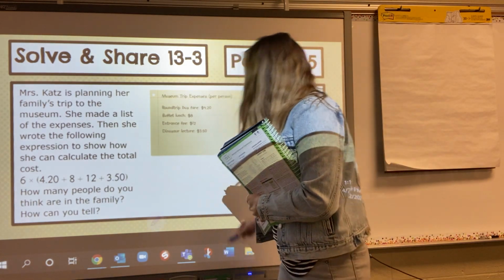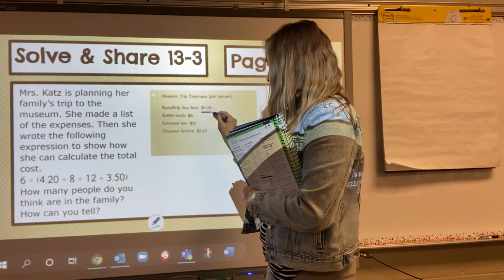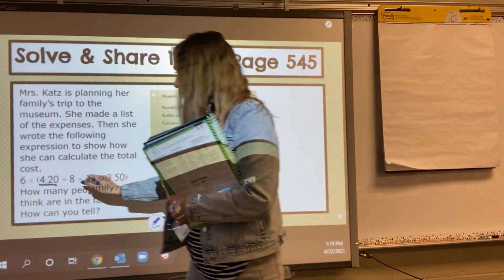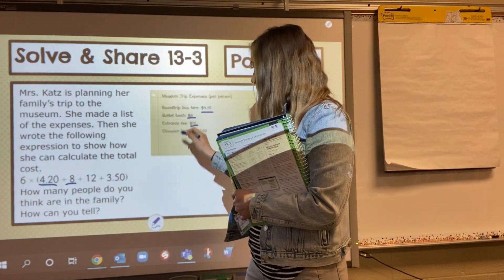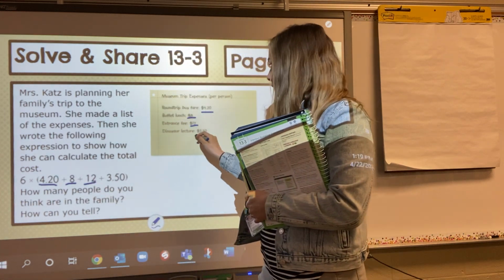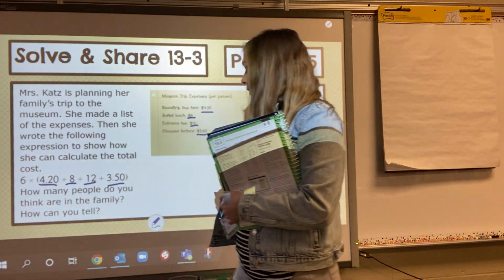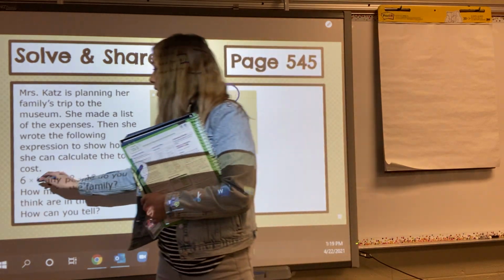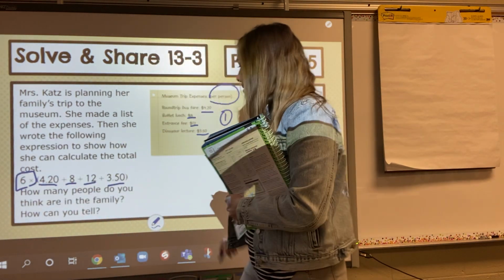Alrighty, you can see if you want to help make sense of the numbers. Our bus fare is here. Buffet lunch for one is $8. Entrance fee is $12. And then our dinosaur lecture is $3.50. So if this is all per person, that's for one person, they are multiplying it by 6.